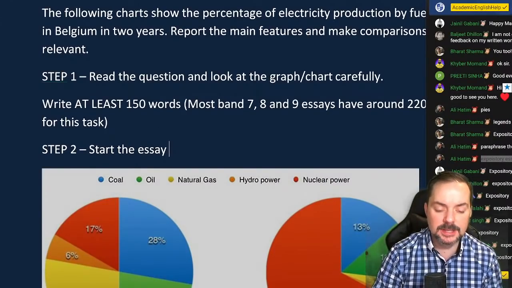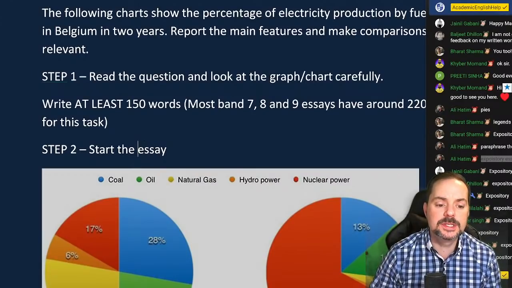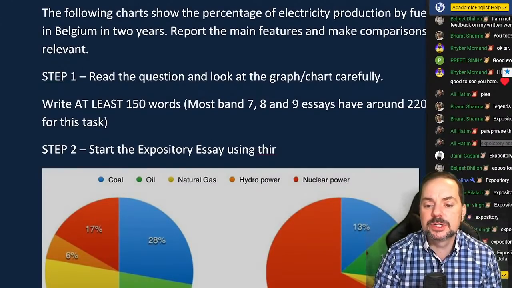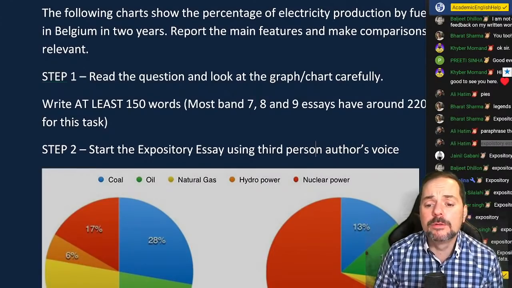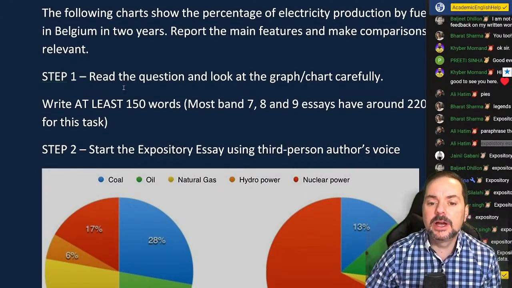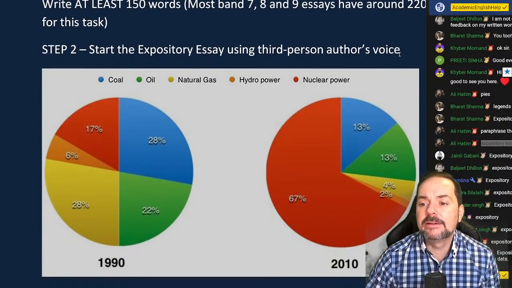Okay, so start the essay, or we could say start the expository essay using third person voice, author's voice, by writing the overview. Okay, and what does the overview have?